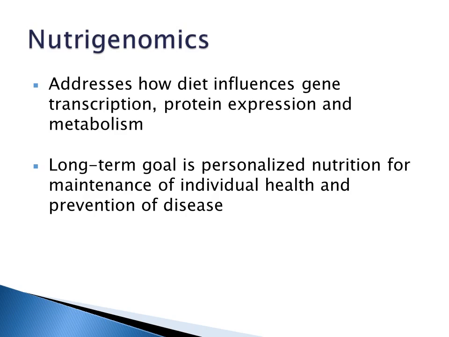The challenge is integrating genomics or gene analysis, transcriptomics, gene expression analysis, proteomics, global protein analysis, and metabonomics or metabolite profiling to define a healthy phenotype. The long-term goal is personalized nutrition for maintenance of individual health and prevention of disease.